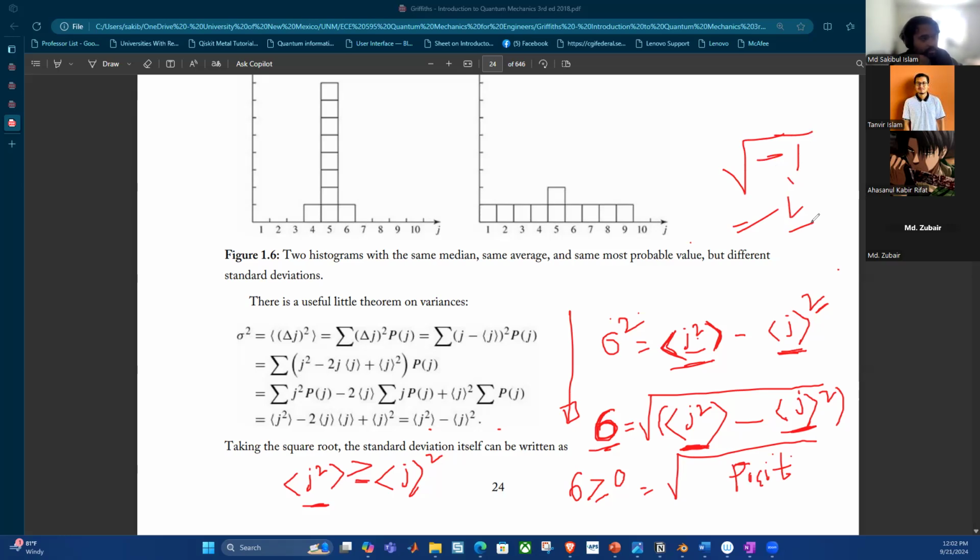So to be positive, this is the formula, I can say law actually, that from there you can get the idea that the average of the square of a variable is always greater than the square of the average. So that is the exercise I was trying to say. You need to calculate these standard deviations, and then you will find that this relationship holds.